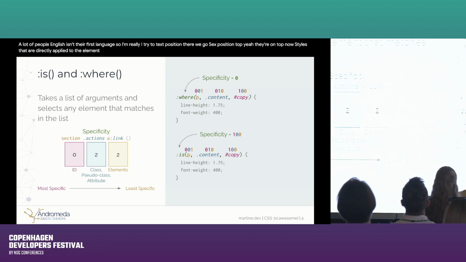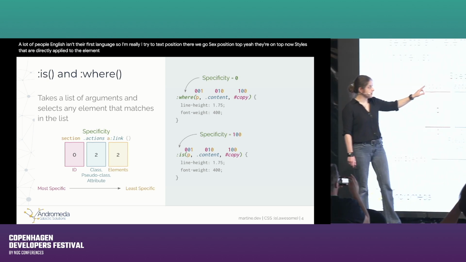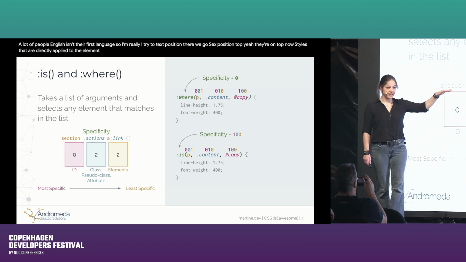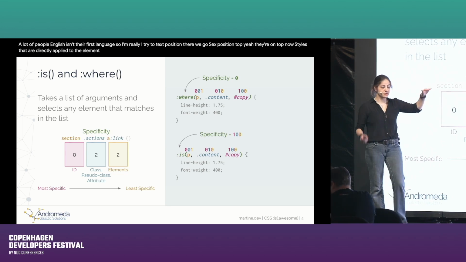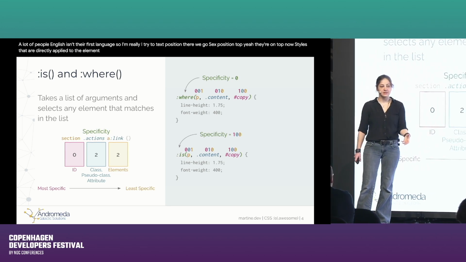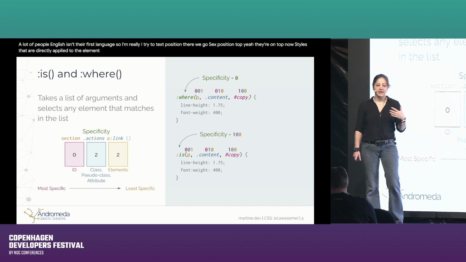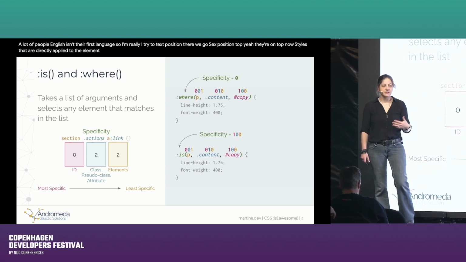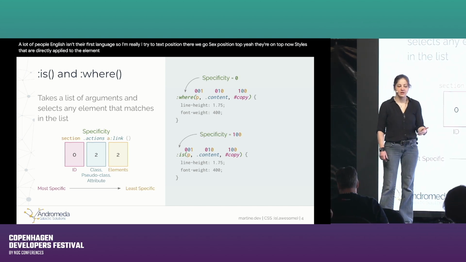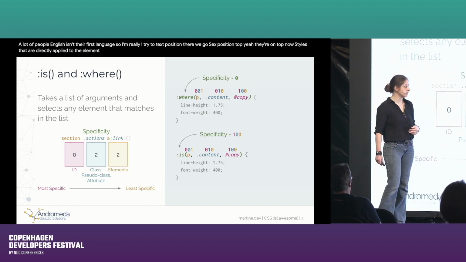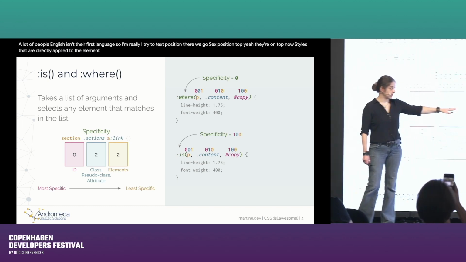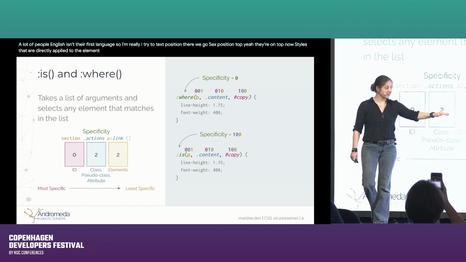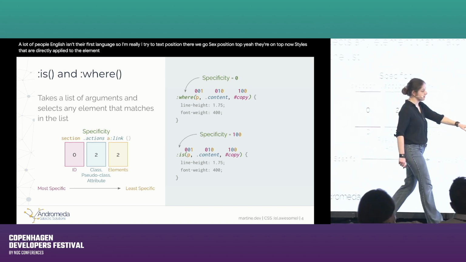Now, the big difference between is and where is that with where, no matter what you have in that list, the specificity for the selector stays 0. So it's super easy to override. It's a really nice way to get a base set of styles on a set of elements that is going to be super easy to customize later for a corner case or whatever else. Is, on the other hand, takes on the specificity of the most specific thing in the list, so in this case it would be the copy.